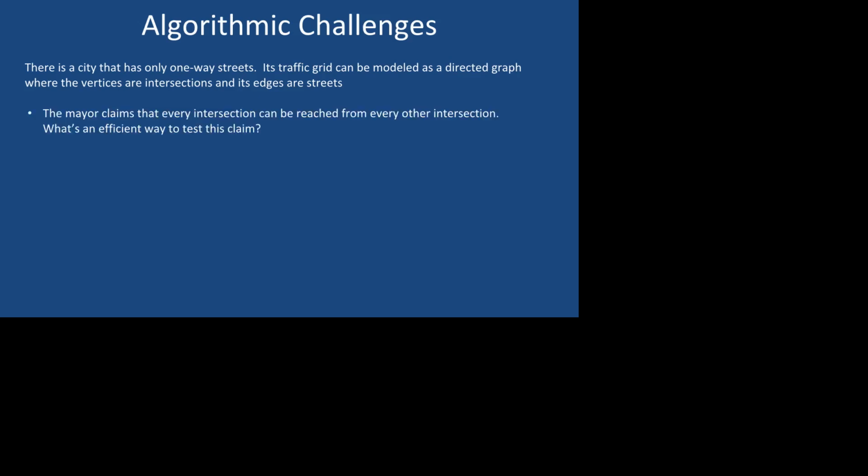The Mayor claims that every intersection can be reached from every other intersection, which is a nice property to have, that no matter where you are, you can get anywhere else. What's an efficient way to test this claim? What algorithm would you use to find out if the Mayor is right?